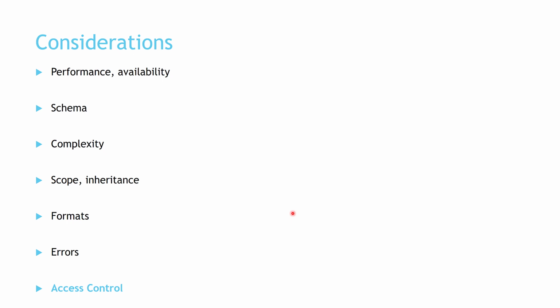Also, you need to consider how you are going to allow access to the configuration store to just the valid users or applications. Also, you want to make sure that you have a clear separation between the roles required by different applications. Some applications might require read-only access to the configuration store, and other applications might require write access.